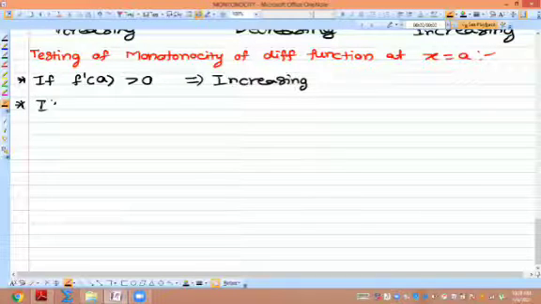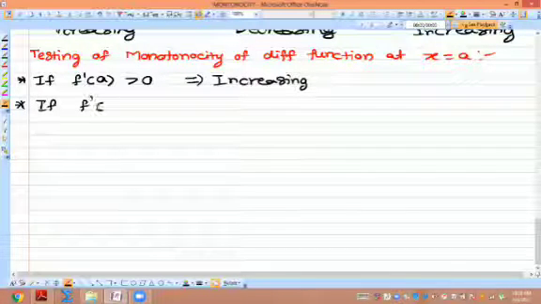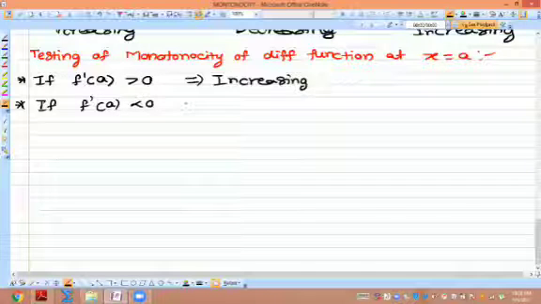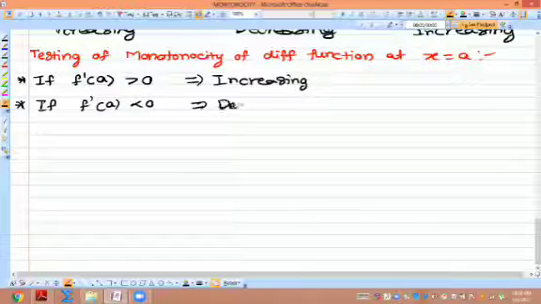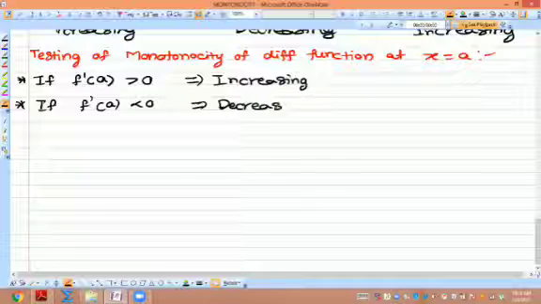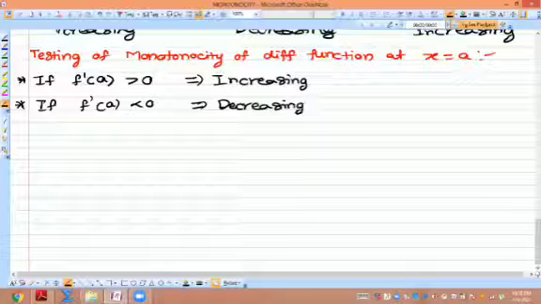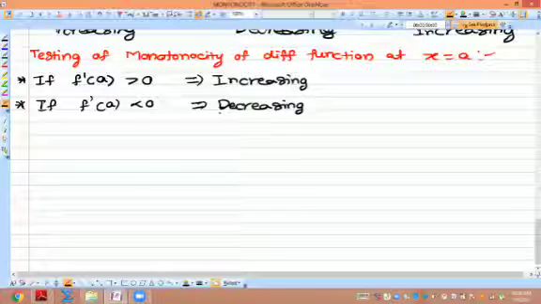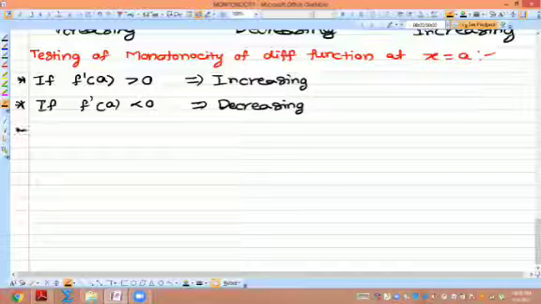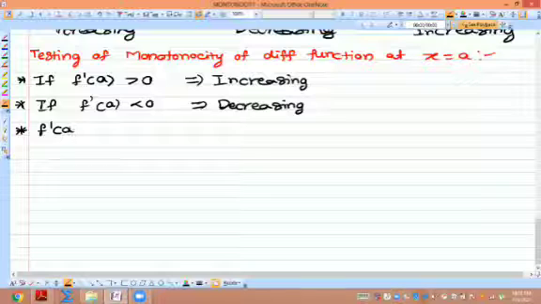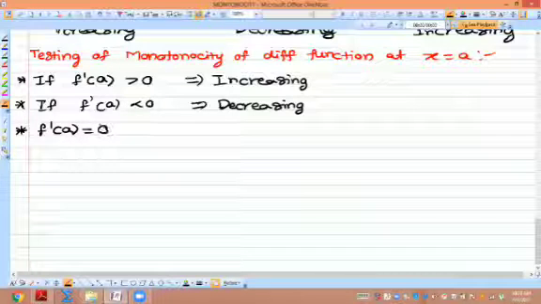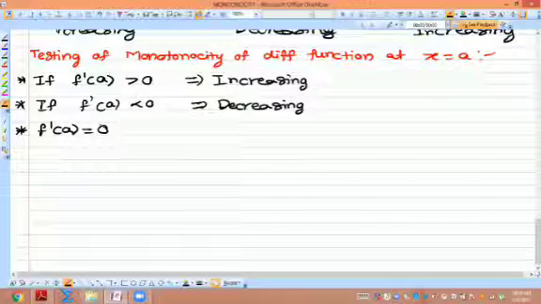If f dash of a is less than 0, simple, decreasing only. Now the other possibility is f dash of a can be equal to 0. Tell me.